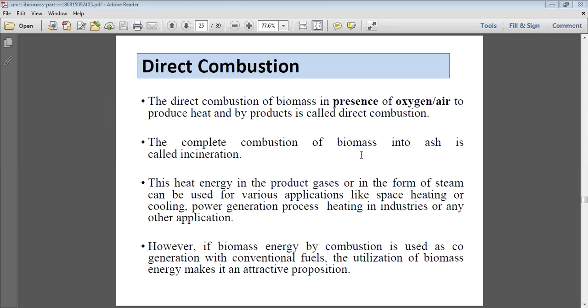However, if biomass energy by combustion is used as cogeneration with conventional fuels, the utilization of biomass energy makes it an attractive proposition.